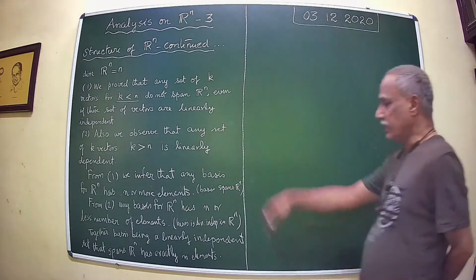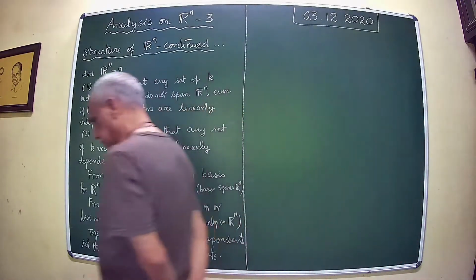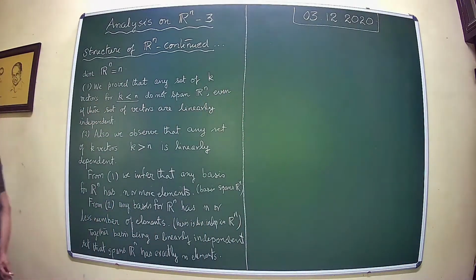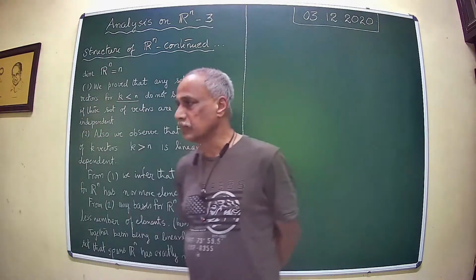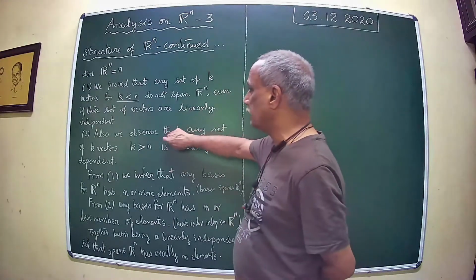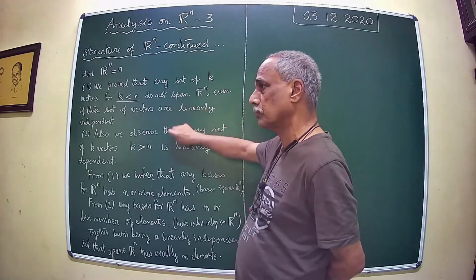That is the way in which we have concluded that this has exactly n elements. Now that involves proving these two statements.